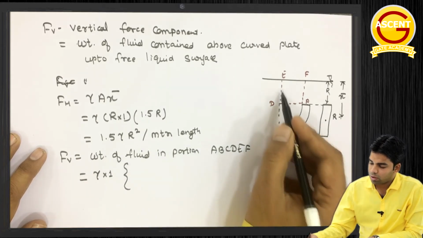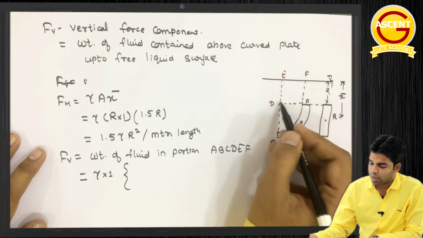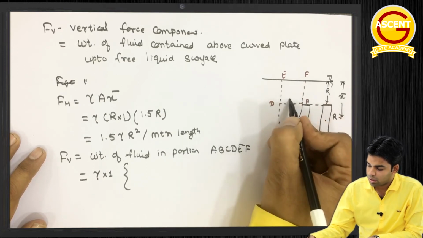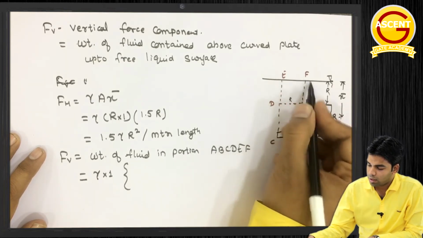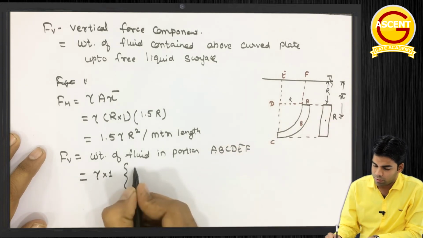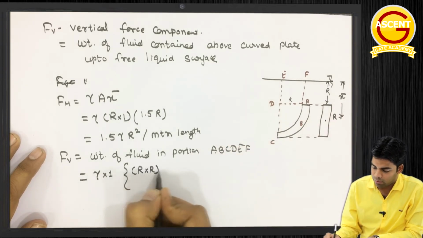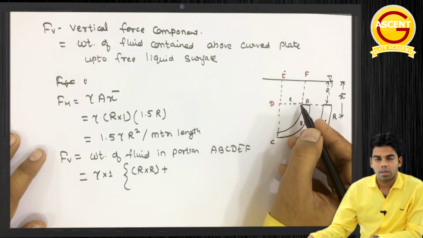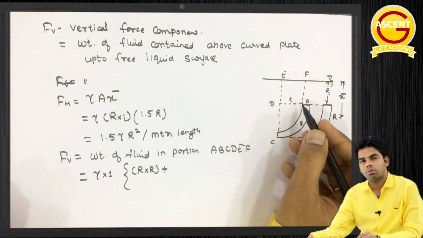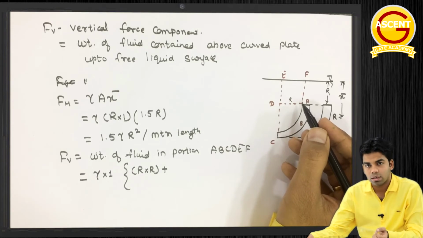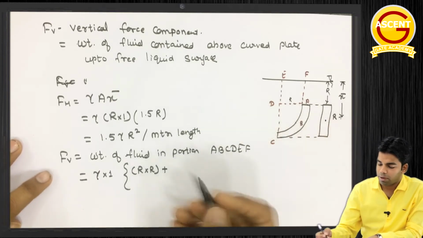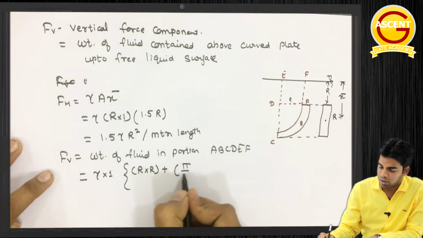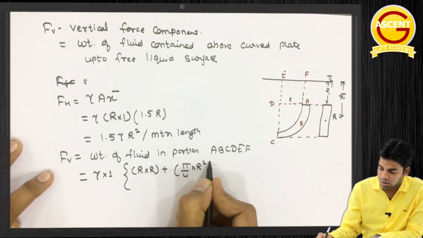So area will be equal to first the area of this rectangle. Okay, this rectangle is of R by R. Actually this is a square, so area of this square is R by R. First thing, plus the area of this quarter circle. Okay, so area of circle we know is pi by 4 d square or pi r square. So for quarter circle it will be pi by 4 r square, 1/4 of the circle, pi by 4 into r square.